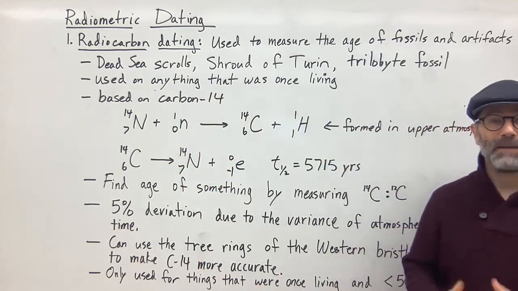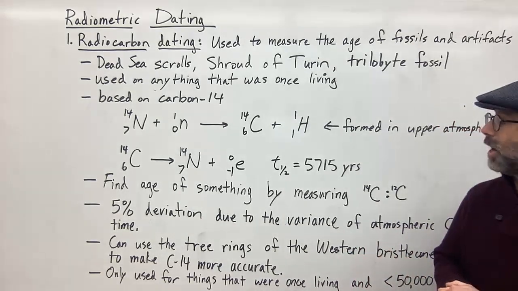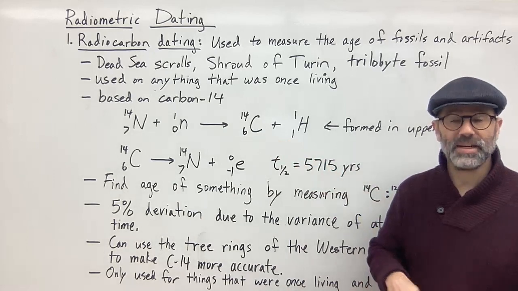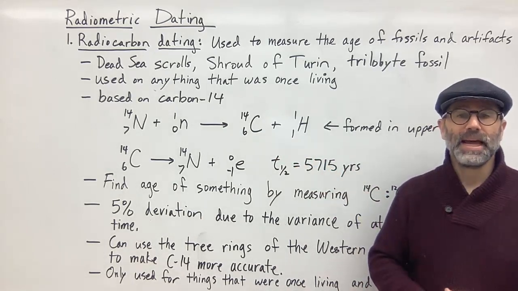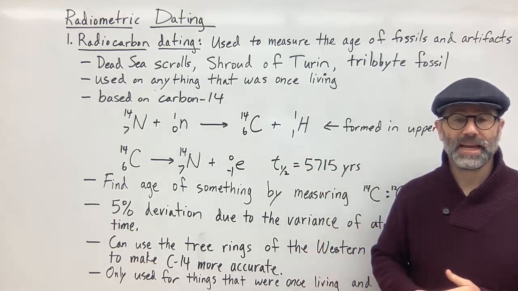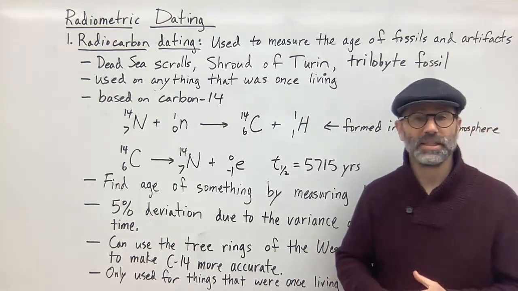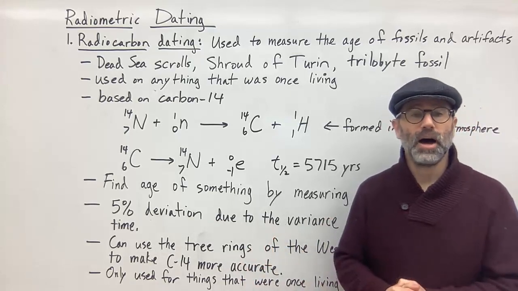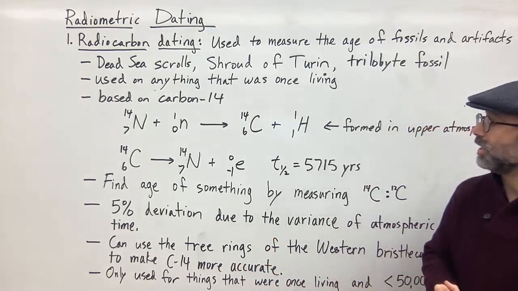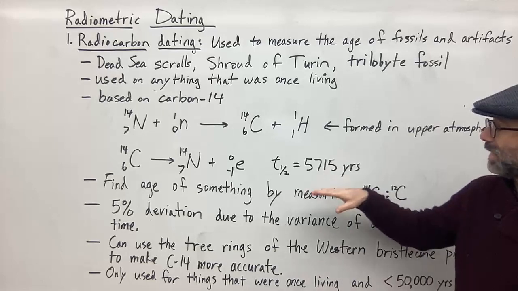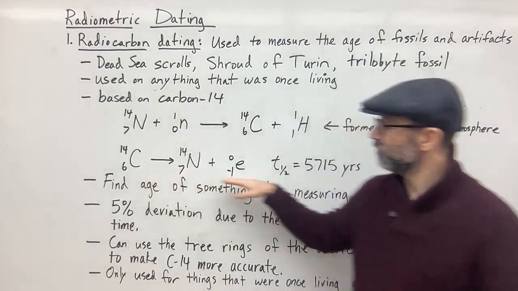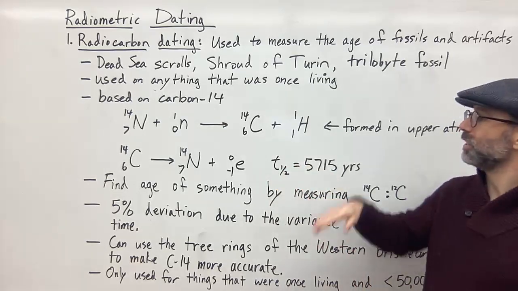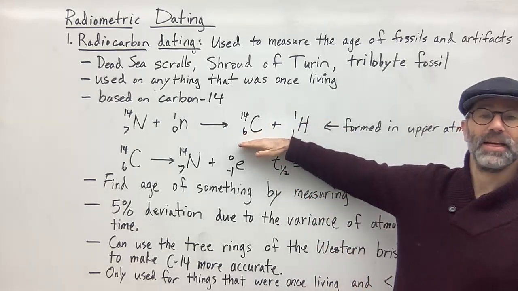So that way, if you know the amount of carbon 14 in the atmosphere today, and you find an artifact that you want to date that was once made out of living material, then you can know what the age is by measuring the present carbon 14 in the artifact you found and comparing that with the present day carbon 14 in the atmosphere.